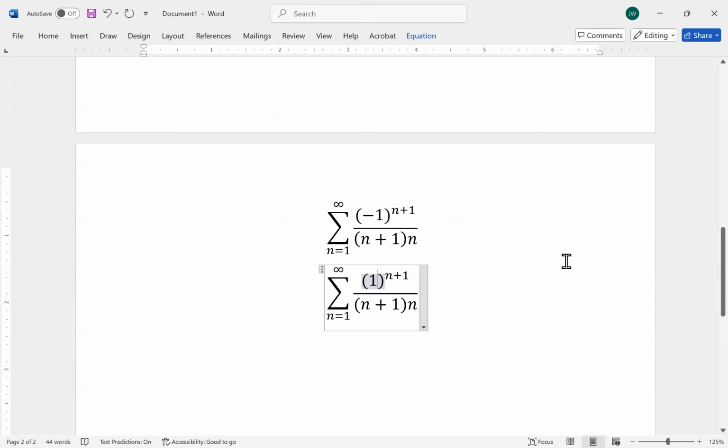When I plug in a 1, I just get a 1 in the numerator. Be careful on this denominator. This denominator I wrote as n plus 1 times n. You could have also written that as n squared plus n. So notice it's a quadratic in the denominator.